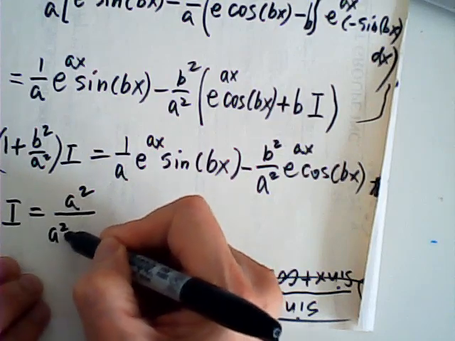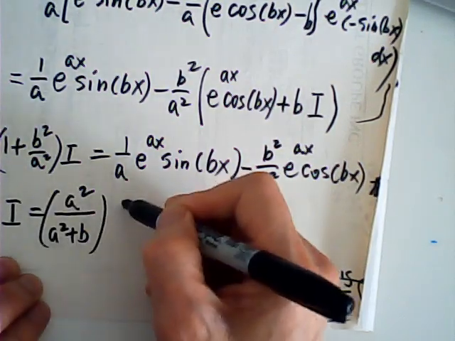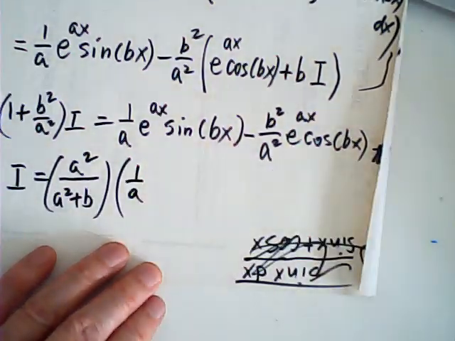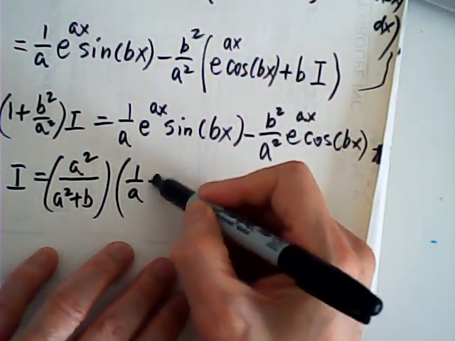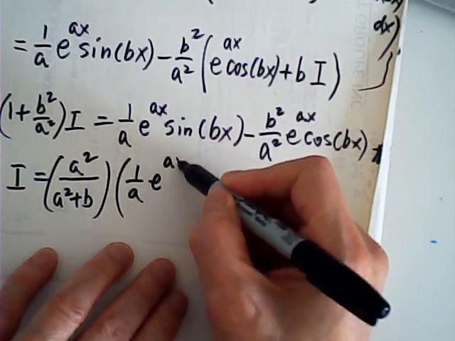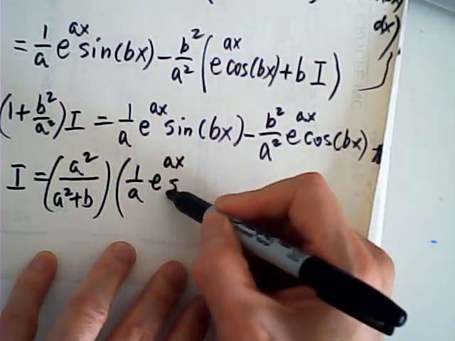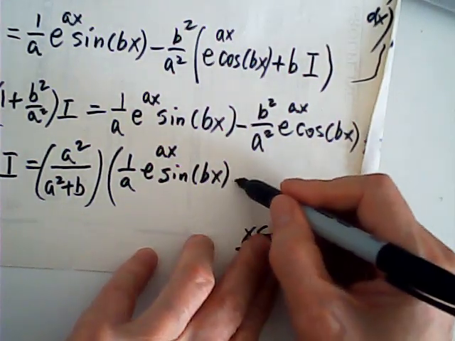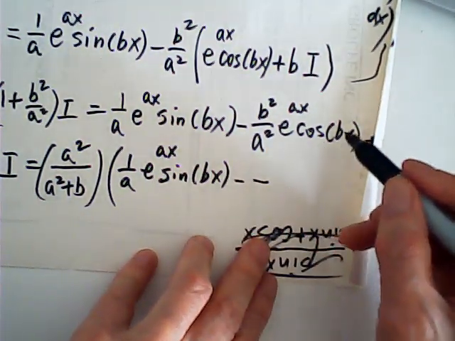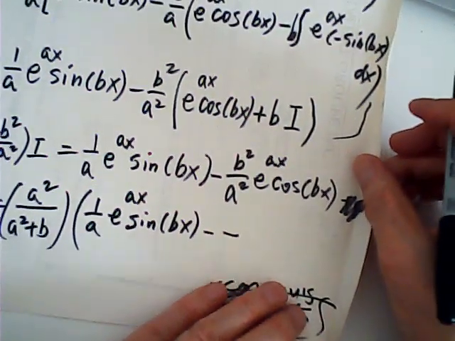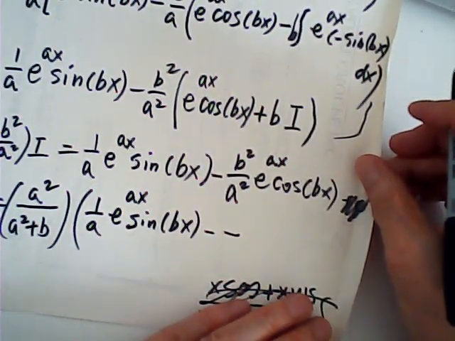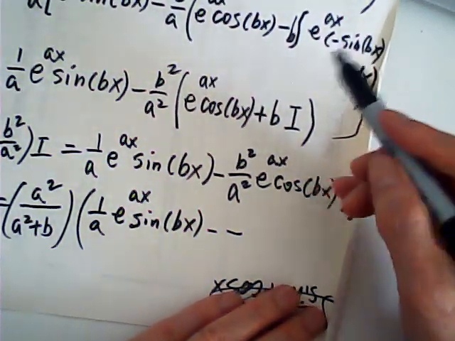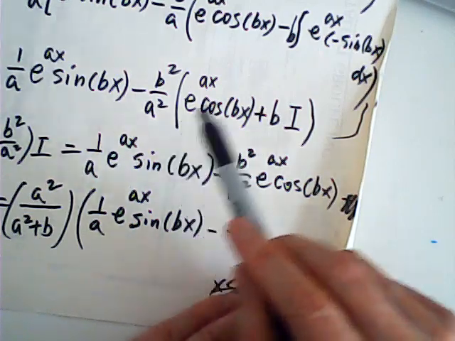This is a square plus b square multiplied by 1 over a e to the power ax sine bx minus, there's some kind of mistake.